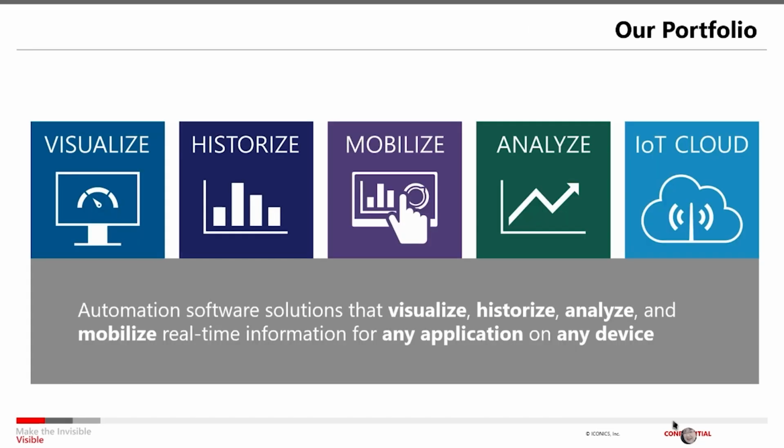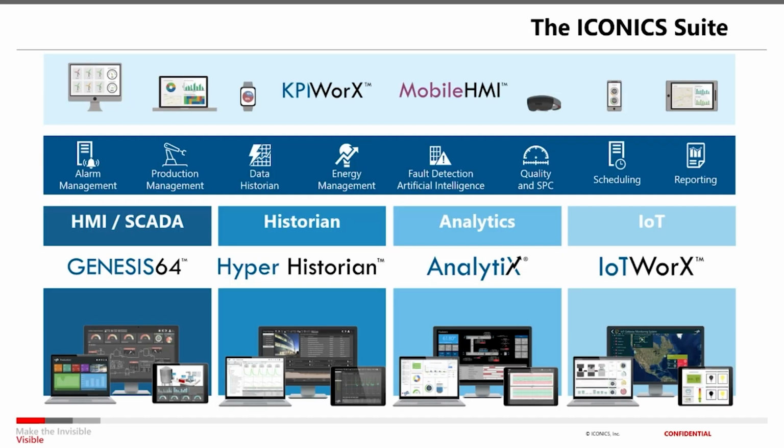Iconics' focus has been providing visualization of real-time data, dashboards, alarms, alarm management, data historian, providing this information to mobile devices, smart devices, deep advanced analysis, business intelligence, and providing the solution for cloud connectivity as well.